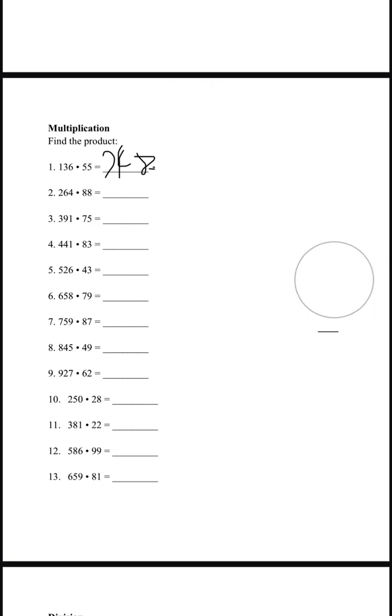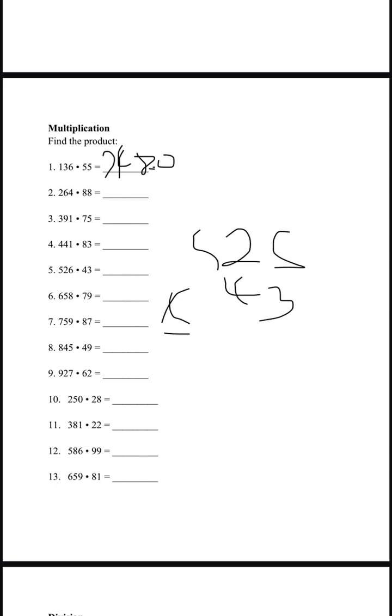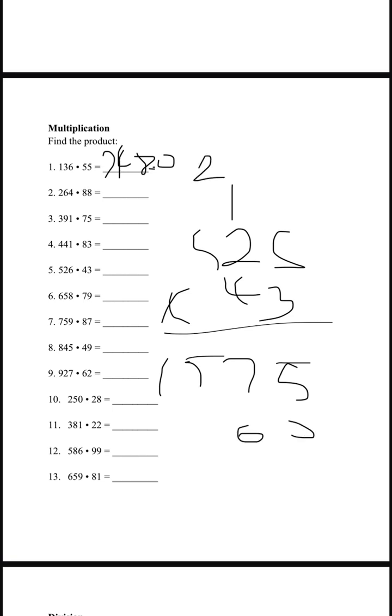And let's do number 5. 526 times 43. 3 times 5 is 15, and 2 times 3 is 6, and add 1 we get 7, and 3 times 5 is also 15, and 4 times 5 is 20, and 2 times 4 is 8, plus 2 is 10, and 5 times 4 is 20.